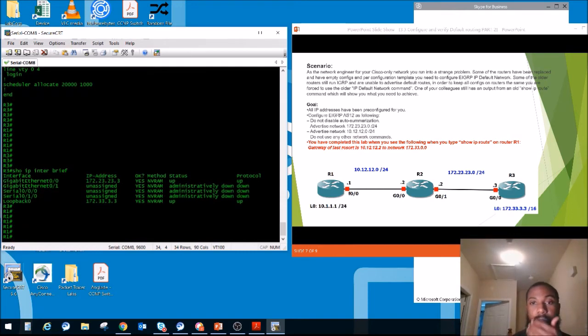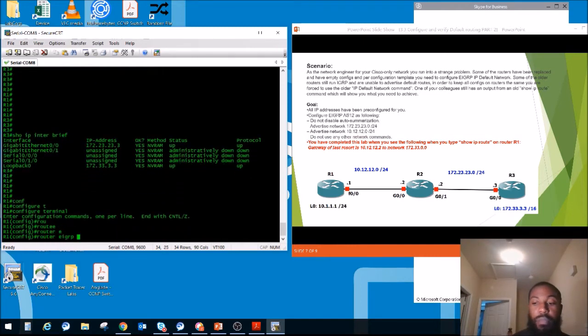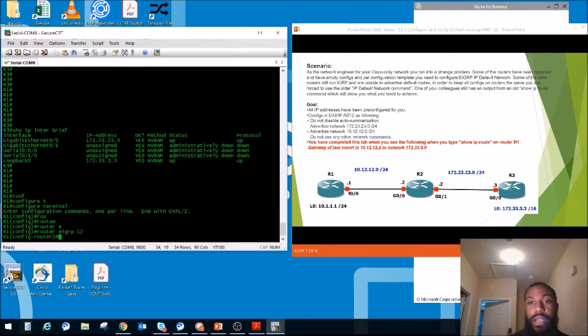Okay, let's see here. Configure router EIGRP. We're gonna do EIGRP AS 12, so configure terminal, router EIGRP 12, and then we need to advertise those two networks. 172.23.23.0, and the subnet mask is 255.255.0.